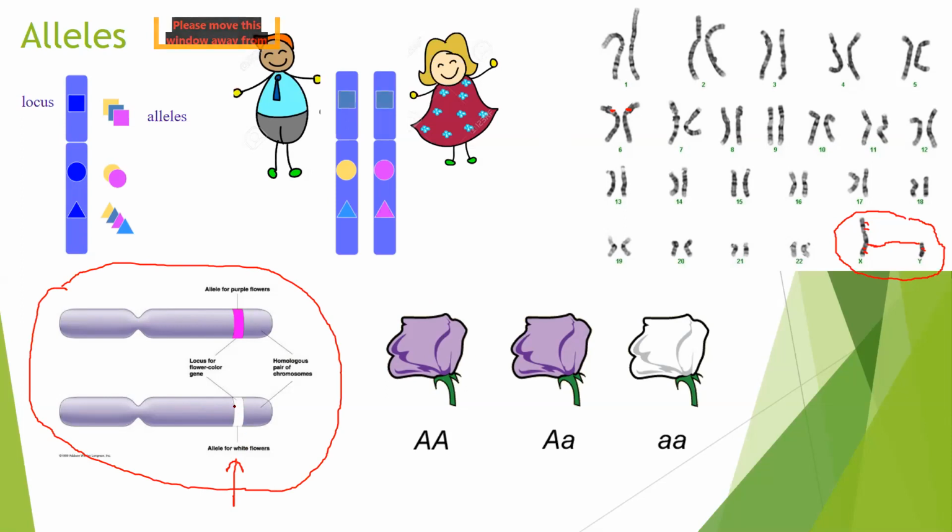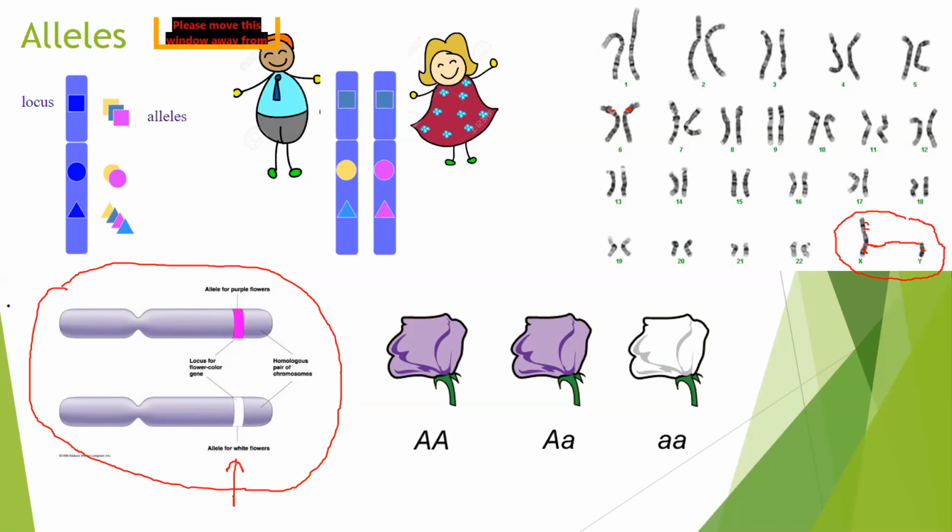So why do we have one gene shown white in one chromosome, but pink or purple on the other homologous chromosome? What does this mean? Can anyone help me? The same gene, why different color here? Means there are two variations of that gene. Yes, two alleles, right? Very good.